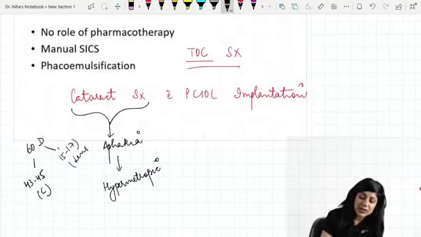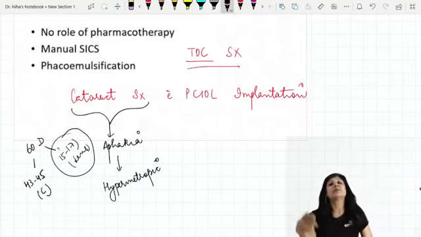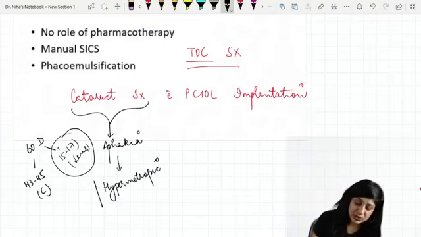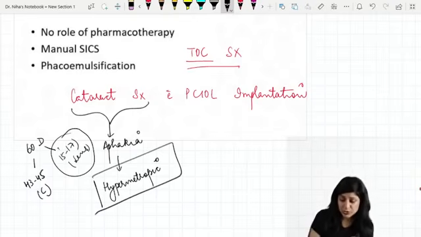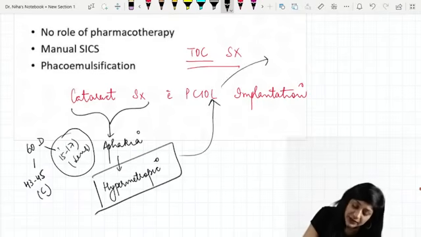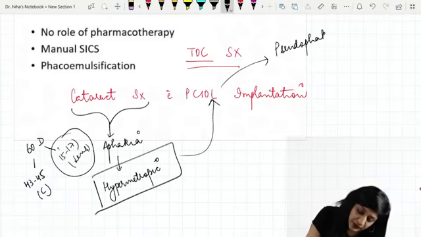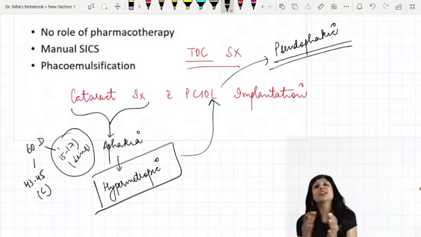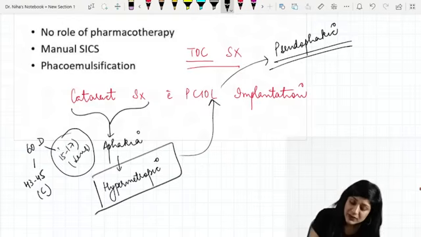This is your lens. So if I am removing this lens, I am reducing the power of the eye, and the patient is becoming hypermetropic. So I will have to replace it with the artificial lens so that this patient becomes pseudophakic. So from aphakia, we are creating pseudophakia by giving this artificial lens.